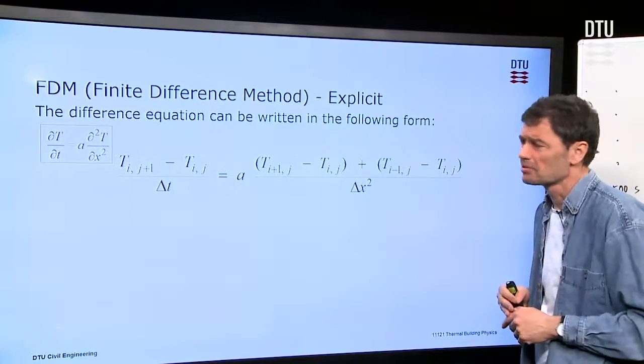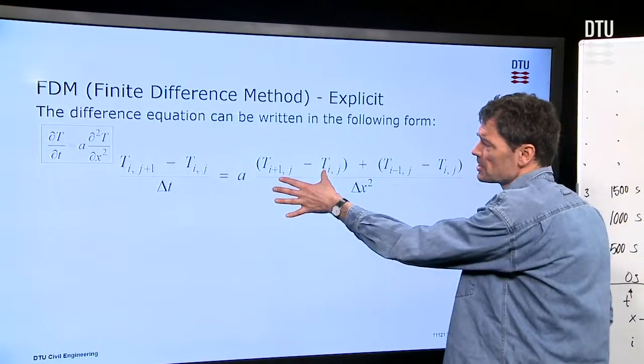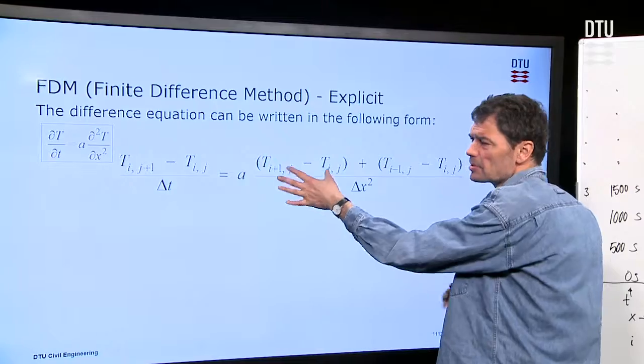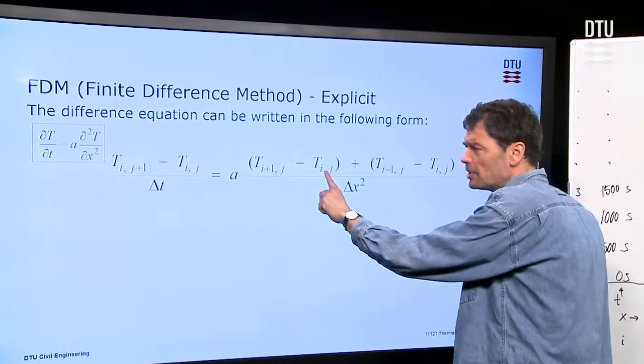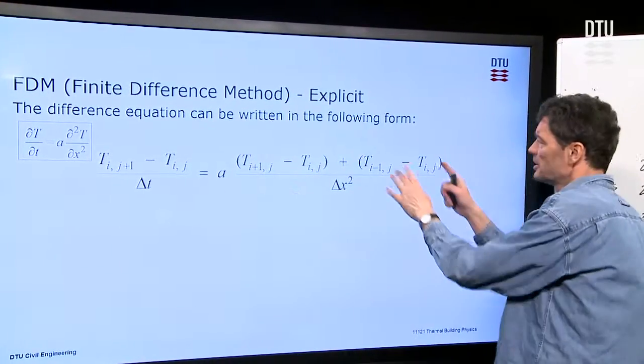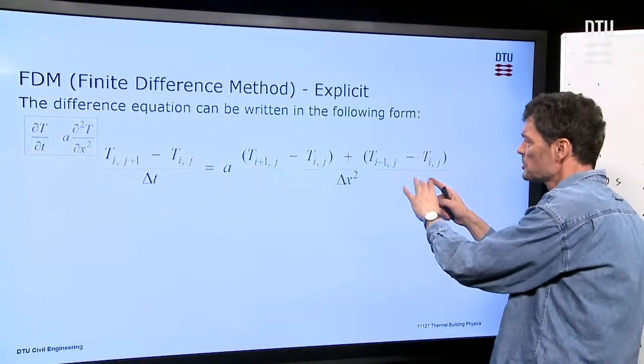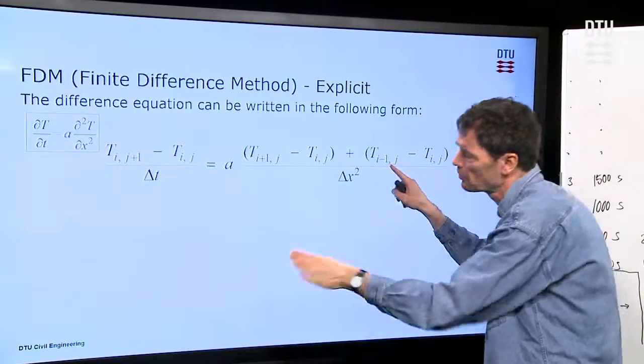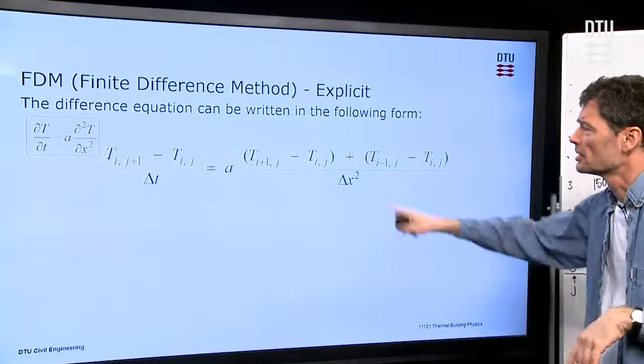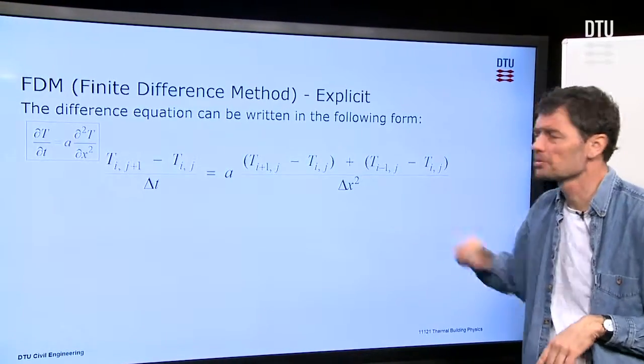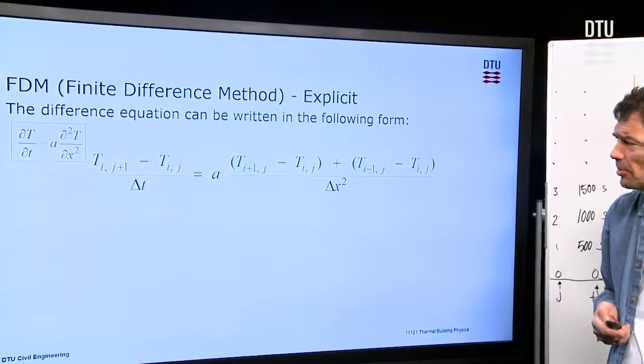For the space discretization, we look to neighbor temperatures: the neighbor to the center point and the neighbor to the right. And here is the contribution of heat that comes to the center point from the neighbor to the left. And all this is discretized using delta x squared in the denominator.